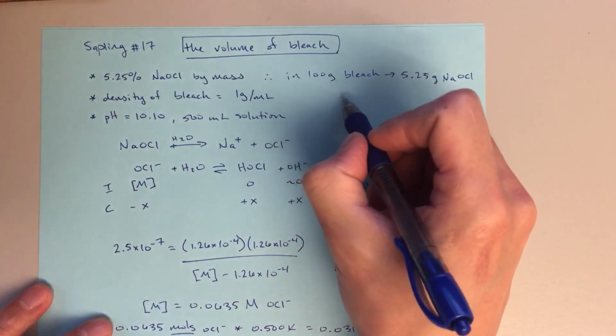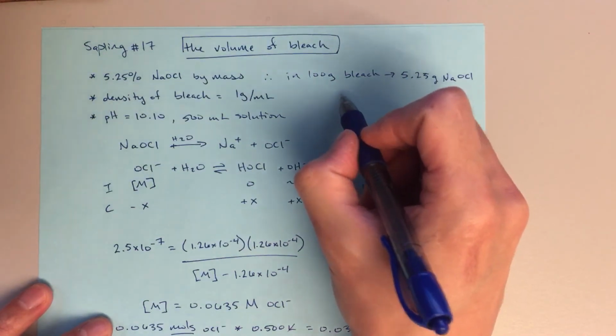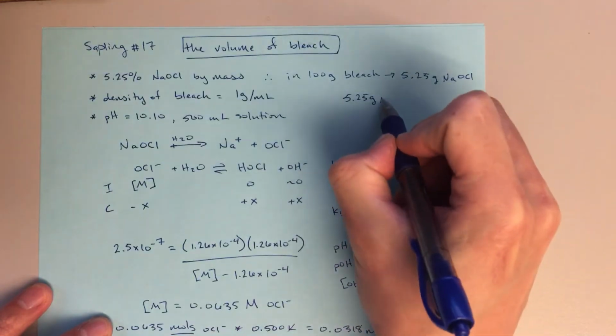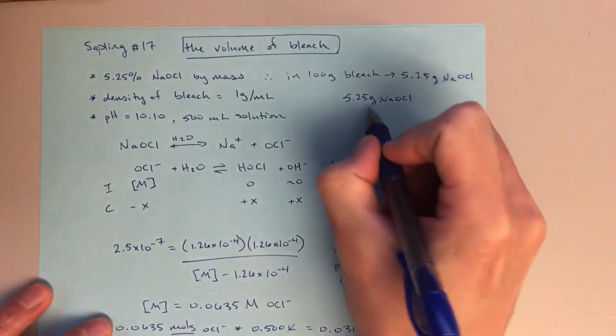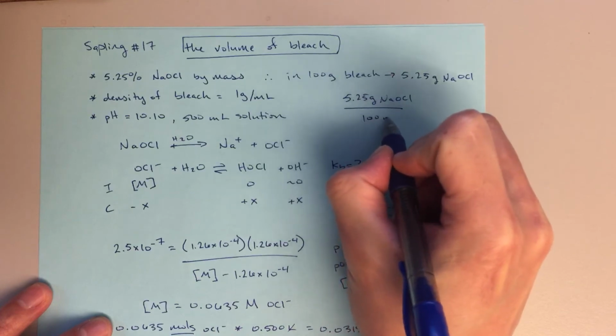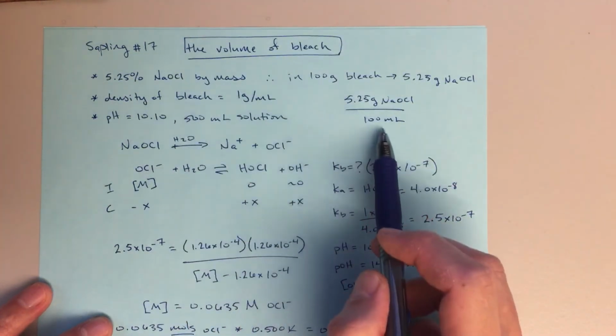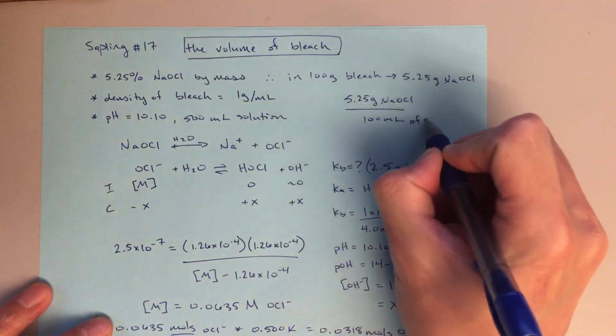Or we could write that 5.25 grams of NaOCl is going to be in 100 milliliters, right? Because we're using the density of bleach, in 100 milliliters of solution.